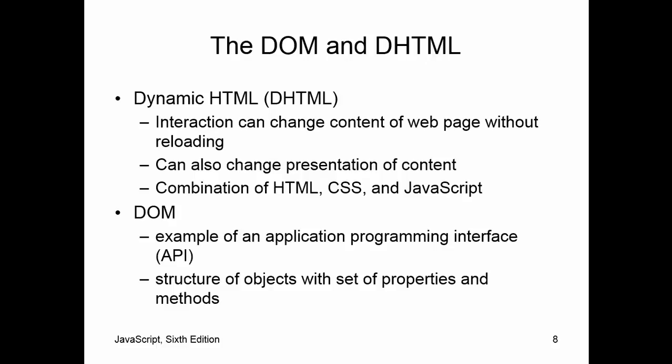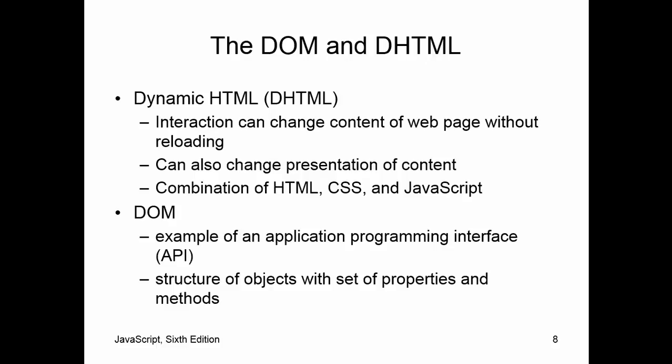So dynamic HTML, also known as DHTML, notice what it says: it can change current content of a web page without reloading. So you don't have to spend a lot of time constantly unloading and reloading pages. Notice that it is a combination of everything that we've been talking about in this class: hypertext markup language, cascading style sheets, and JavaScript.